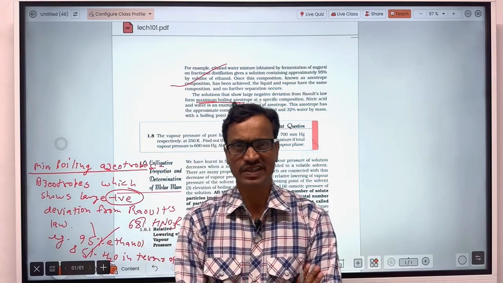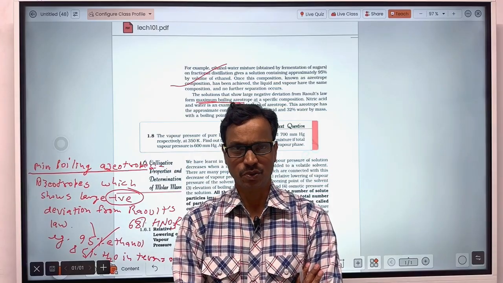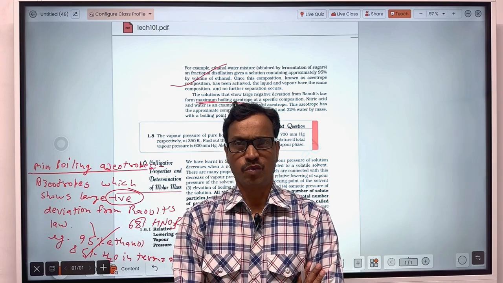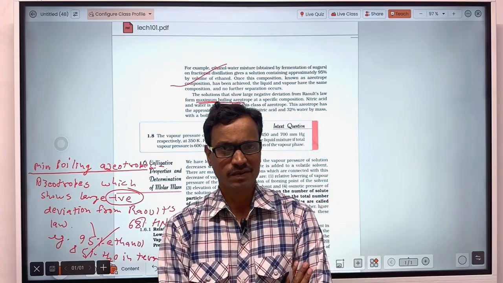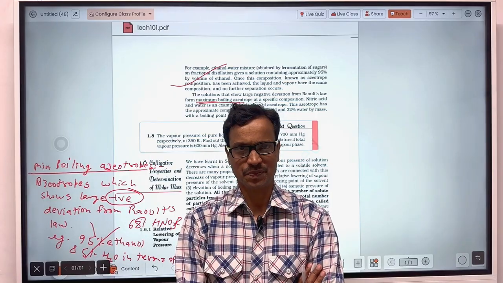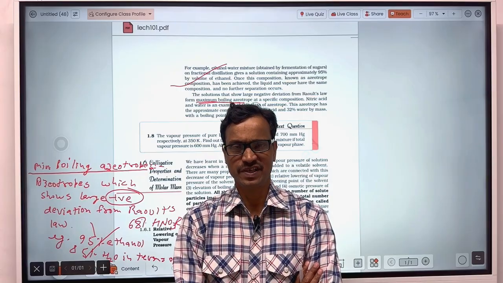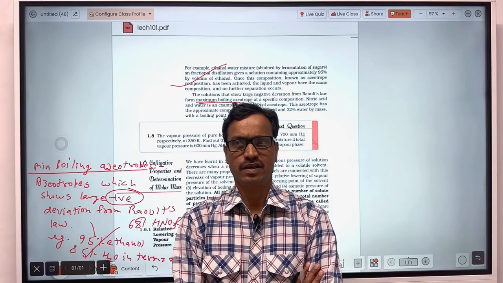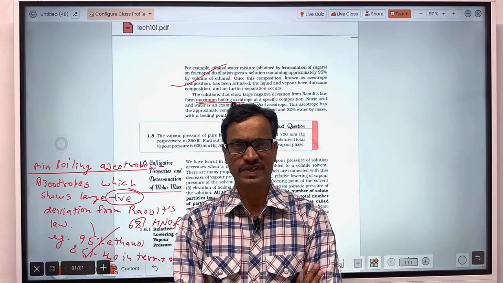So in maximum boiling azeotropes, the solutions show large negative deviation from Raoult's law, and the boiling point of the resulting solution is greater than that of both the liquid components. And another one is minimum boiling azeotropes. In minimum boiling azeotropes, the solution shows large positive deviation from Raoult's law, and that possesses a boiling point lower than that of both the liquid components.